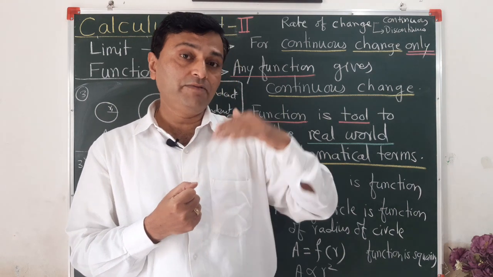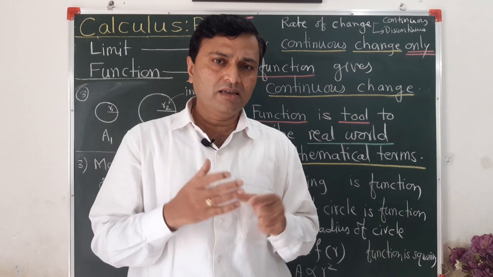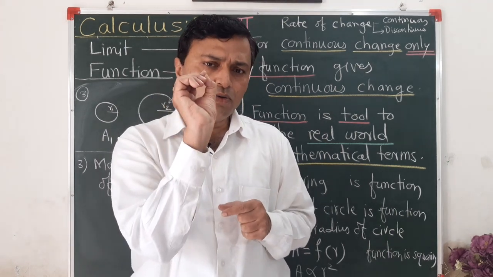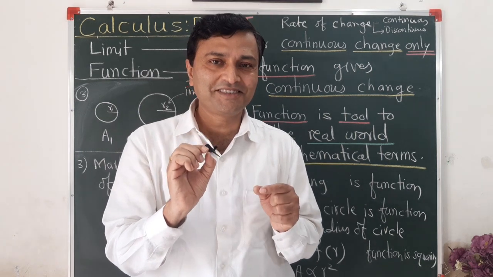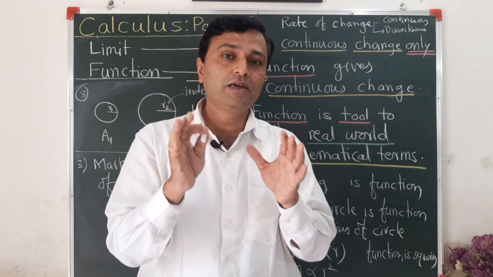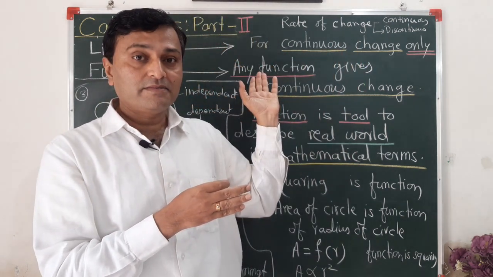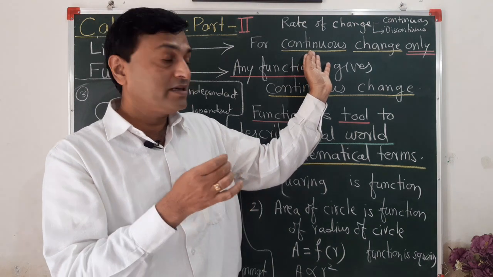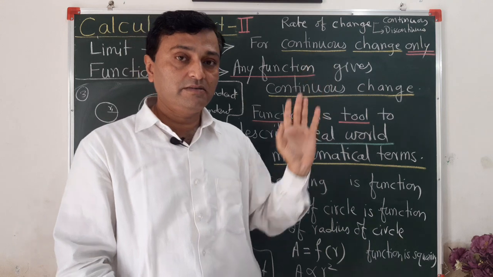Then for 1 by 25th of a mango, you would have to slice it, and generally you don't ask for that. No, because it is not continuous, it is discontinuous. Every time you can't take a limit, because the requirement for limit is continuous change.